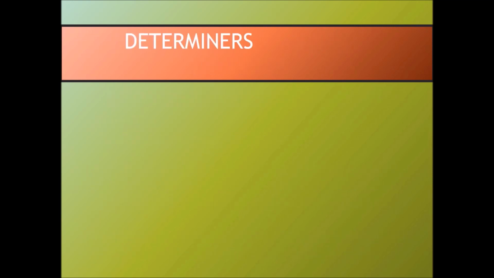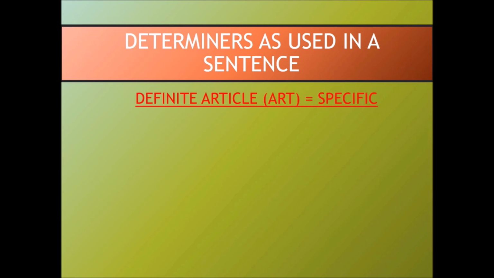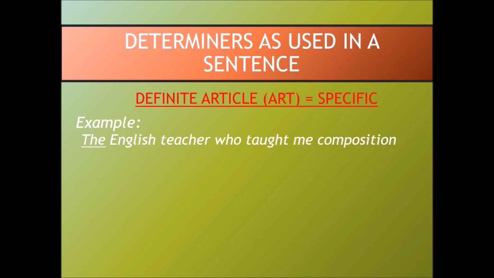Now let's continue using determiners in the sentence. Let's have the definite article, which is more specific. Now let's have an example. The English teacher who taught me composition writing died 9 years ago. If you will notice, the article we have used is the.